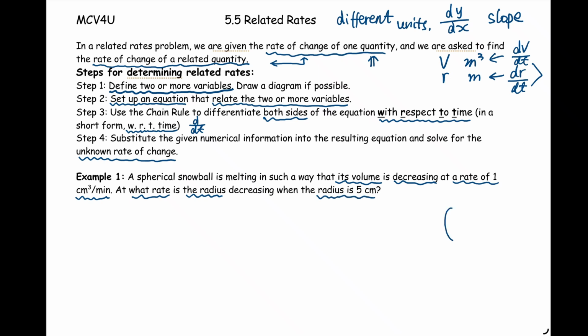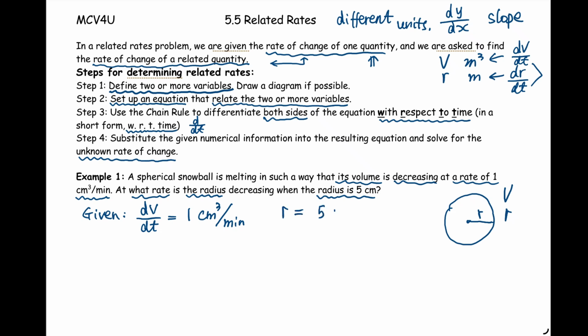So we want to draw a snowball, and this is the radius. We write the given information here. We use V for the volume and R for the radius. So dV by dt, the rate of change of the volume with time, is 1 centimeter cubed per minute. And another one is radius equals 5 centimeters.